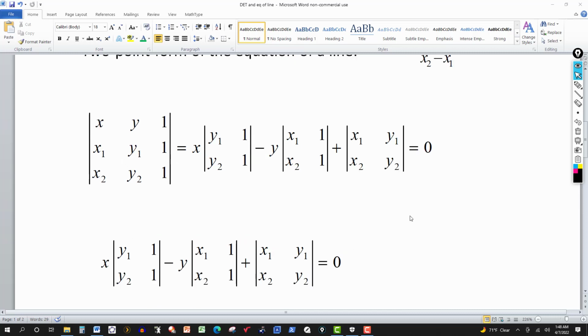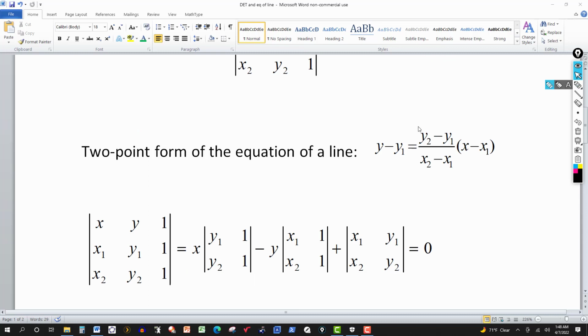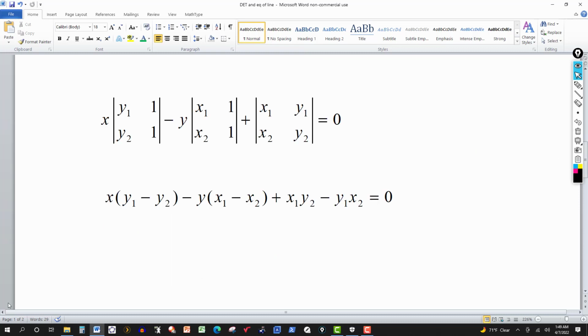Okay, remember, the objective is to get it in this format here. This is what I want to come up with. If I can come up with this, then that proves the statement. So now, in the next step, I know what I want to have on the left side. I want to have y minus y sub 1.